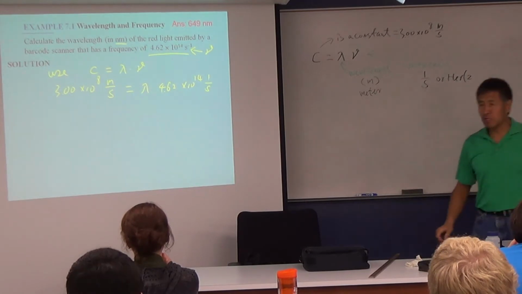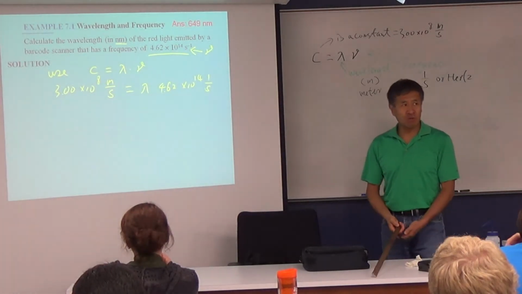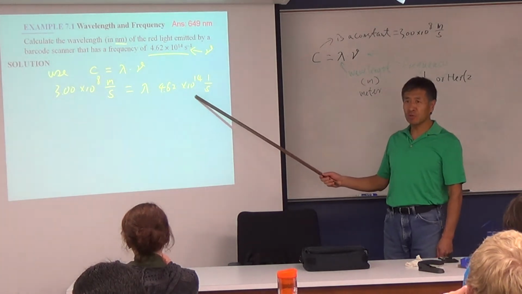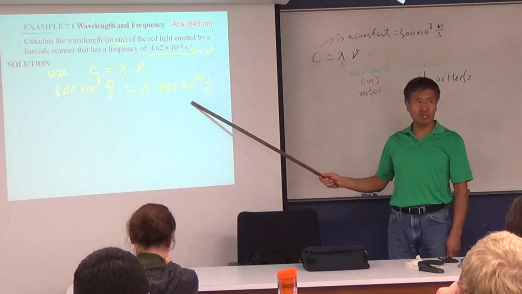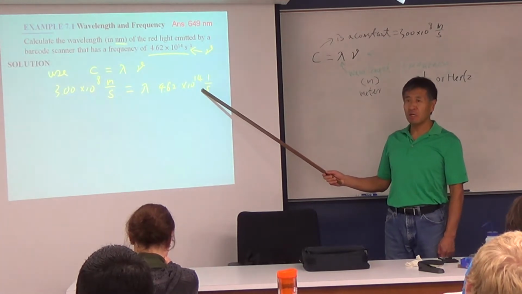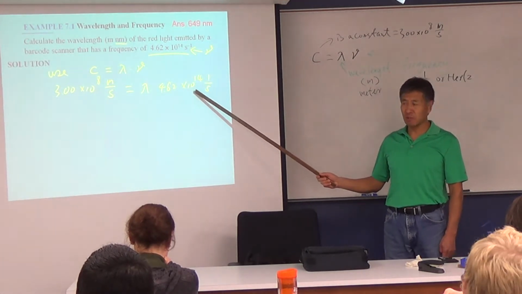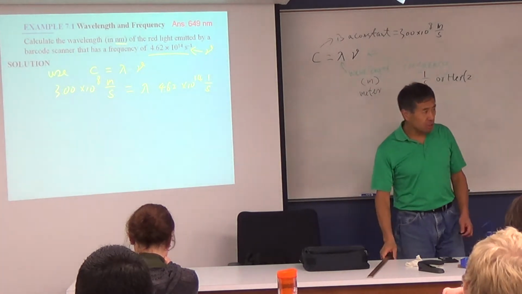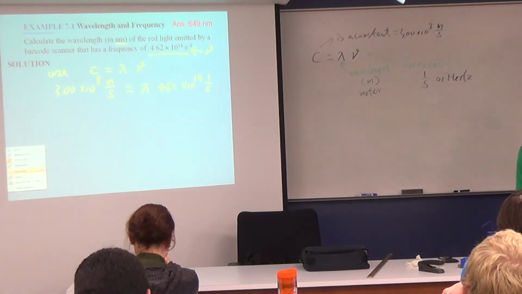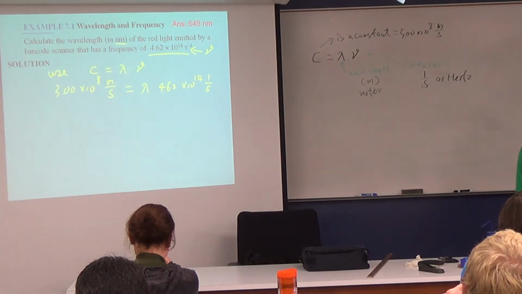Okay? So in this example, it's relatively easy because the frequency given to you is in the right units, just hertz, not in megahertz, not in gigahertz. So therefore, you simply put this number in, and then you can see the unit.